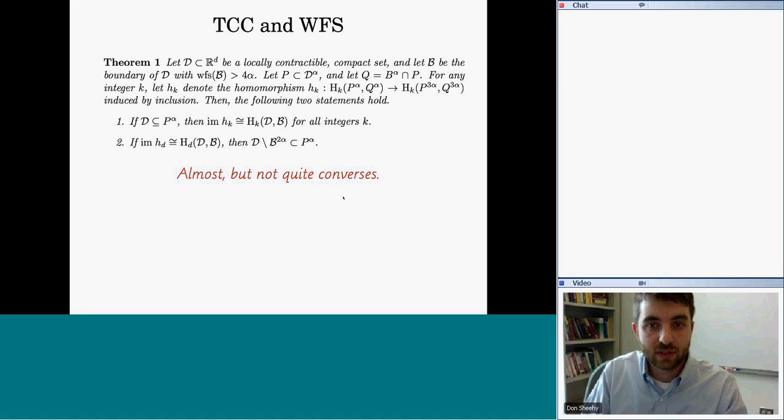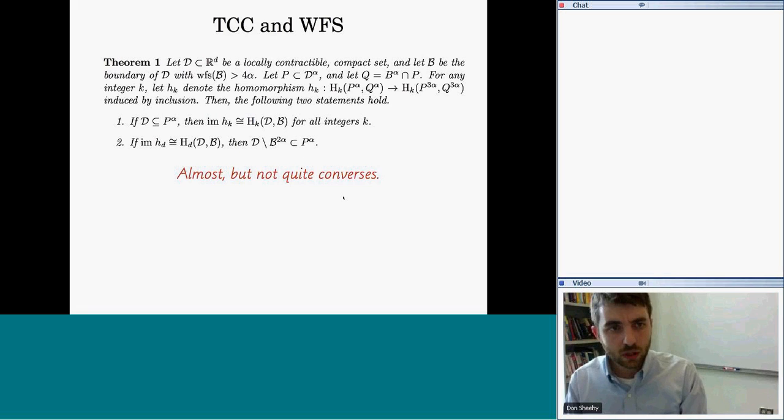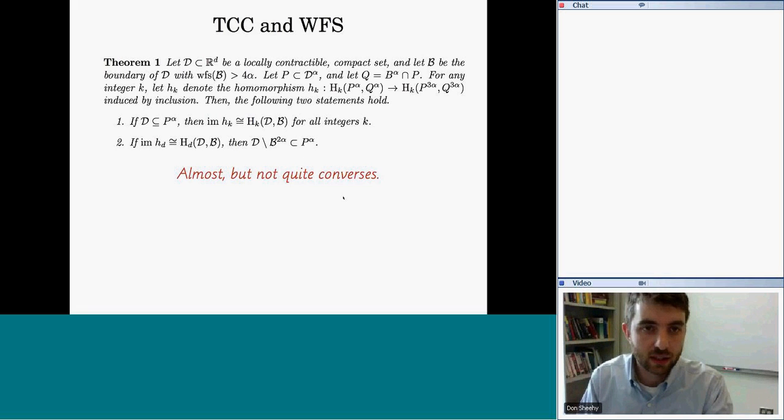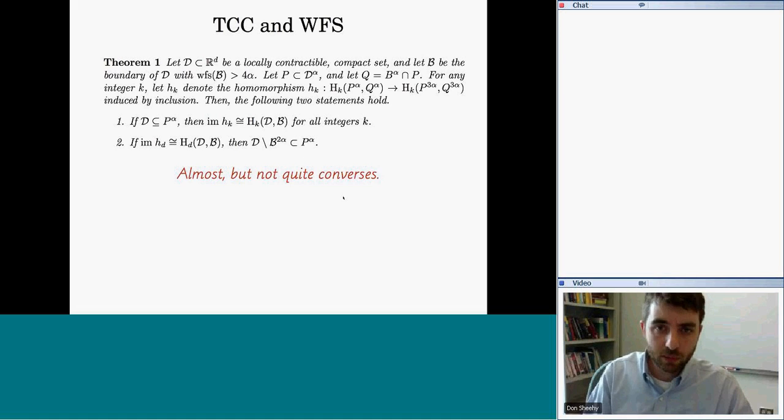We can try to state these two results, which we're going to do on this slide, in a way that makes clear the extent to which they are conversely related. So if you have this domain D, and let's say for now it has locally contractible boundary B, and the weak feature size is at least greater than 4 alpha, and I have my subset Q, which is the set of points near the boundary.